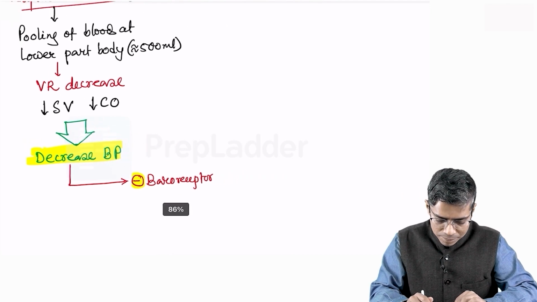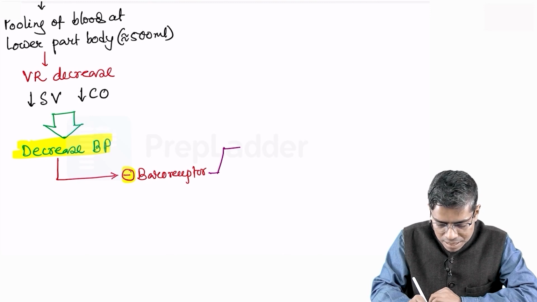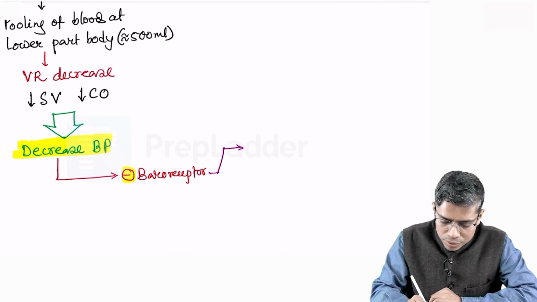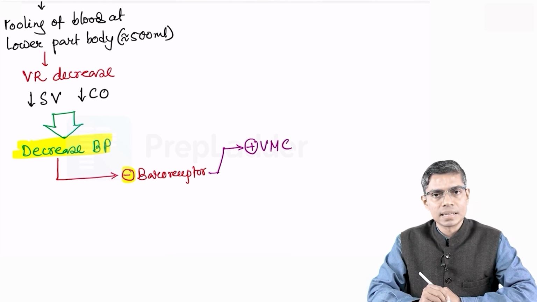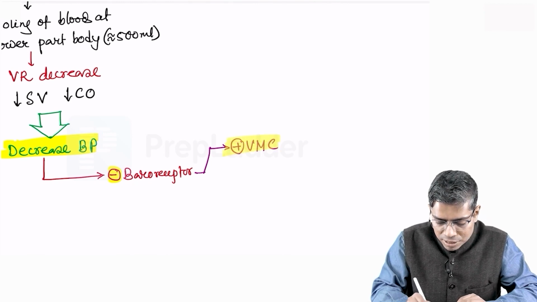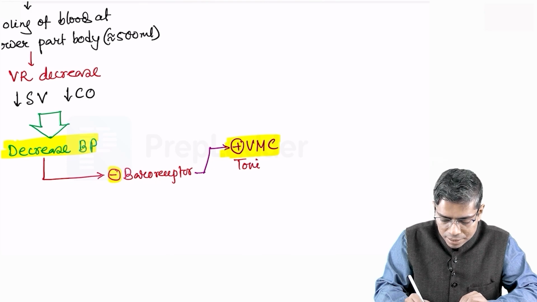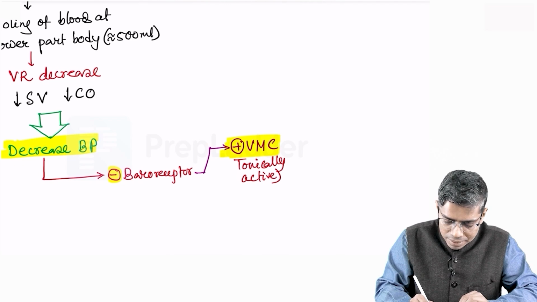Now, just now we have discussed, if the baroreceptor is inactive, this is going to activate the vasomotor center indirectly, or you can say the vasomotor center or VMC will be activated because of the tonic nature of this center, right?